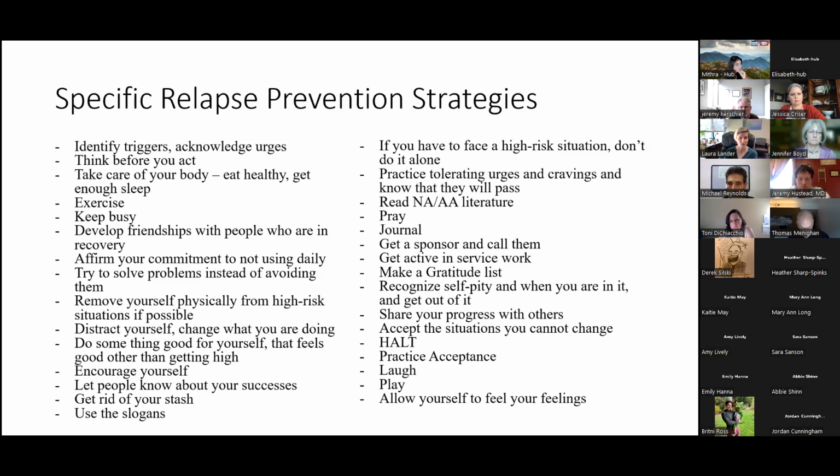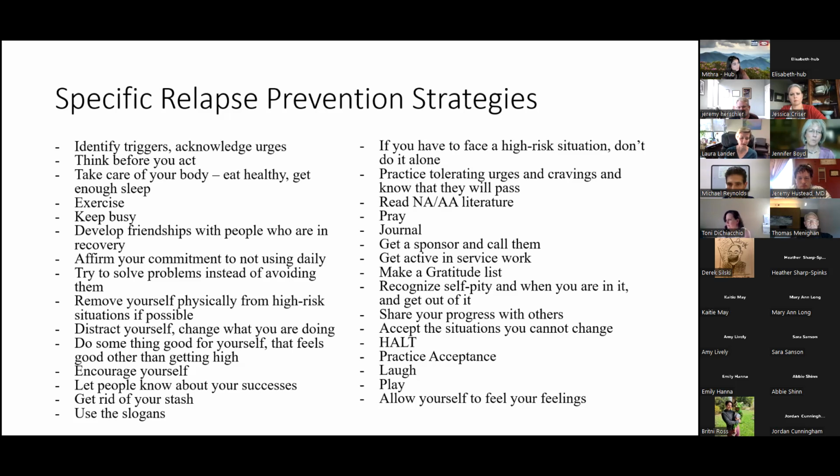Depending on the person's resources, some of these are pretty easy to address. If you have access to food, dealing with hunger is usually one of the easier ones, as long as people have access to relatively healthy foods. It is really interesting that addressing these when people are in the craving stage, before they've actually picked up, is really effective.